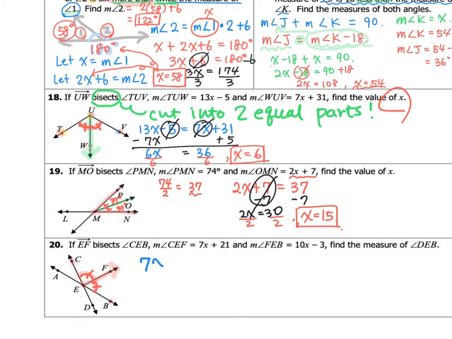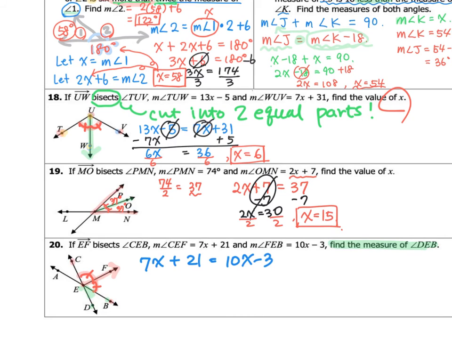We can set up the equation already: 7x plus 21 equal 10x minus 3. But make sure you know what they're asking at the end. It says at the end, find the measure of DEB. So DEB is right here, that green highlighter.